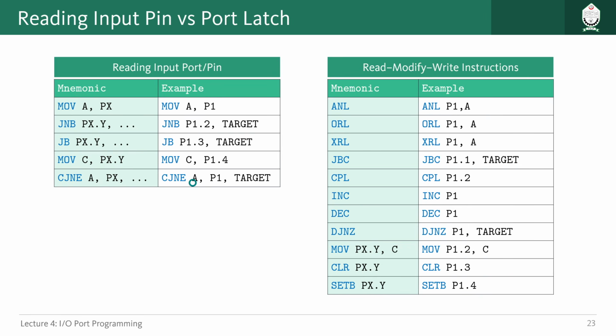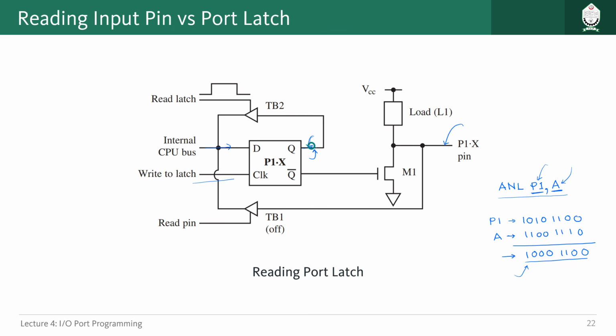But if we are reading the port latch, if you remember from the previous example, first of all we have read the port latch by enabling this read latch that has come here and gone to the CPU. We have done some modification. The value we got at P1 through TB2 and the value stored in A were bitwise ANDed.